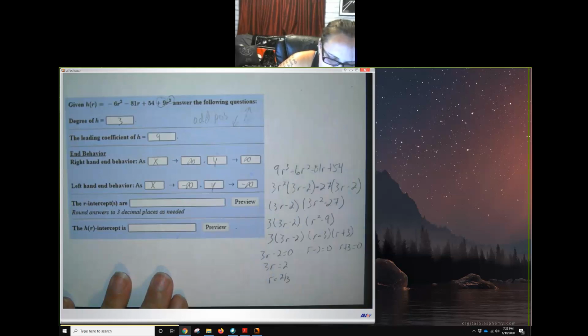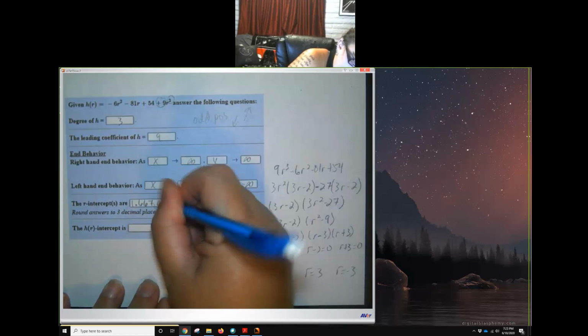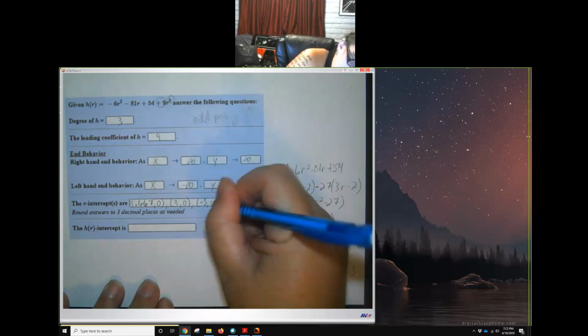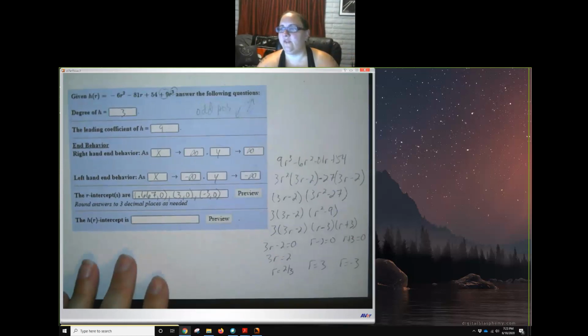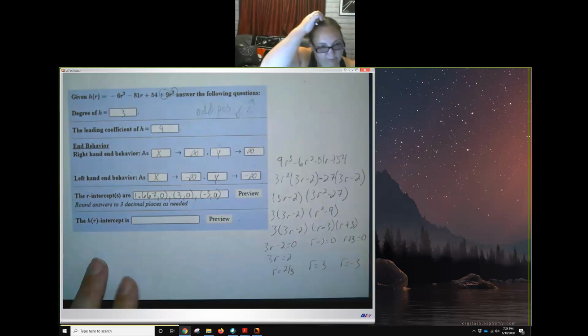So that's 2/3, 3, and negative 3. So 0.667, 3.0, negative 3.0. And I'm pretty sure that the one that you have will be able to factor by grouping. I think that's the way the question is formatted. Don't forget to look for a GCF first. You'll save yourself some time. I didn't, because I forgot.